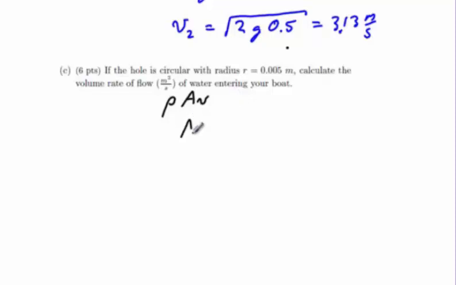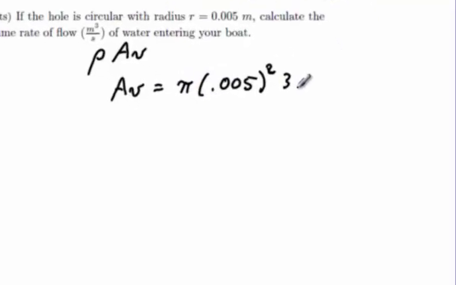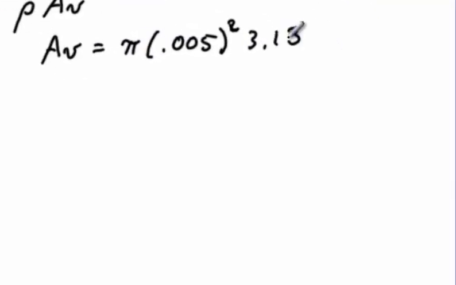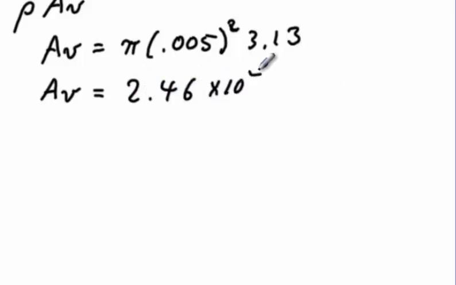Therefore, we calculate the simpler quantity, which is area times velocity, or cubic meters per second. Since our hole is circular, the area will be pi times the radius squared, which can be multiplied by the velocity from the previous calculation to yield a volume rate of flow of water through our hole of 2.46 times 10 to the minus 4 cubic meters per second.